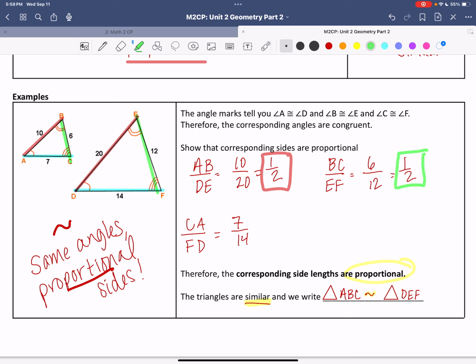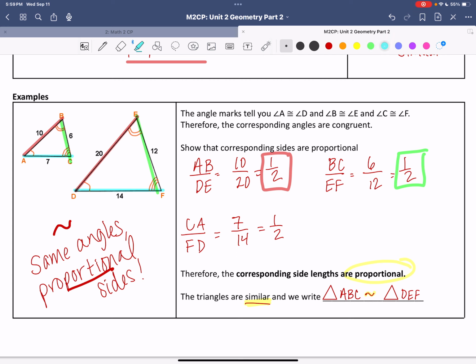So far we have the same proportion, and then let's look at the last part. We have CA. Angle C corresponds with angle F, and angle A corresponds with D, so we know that CA and FD correspond with each other, and here you can see I've got their measurements. Now we're going to simplify that, which is also 1/2.